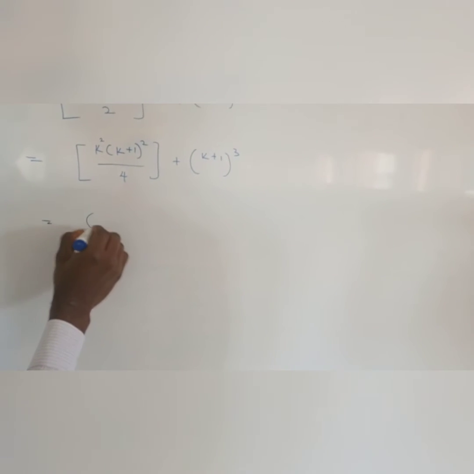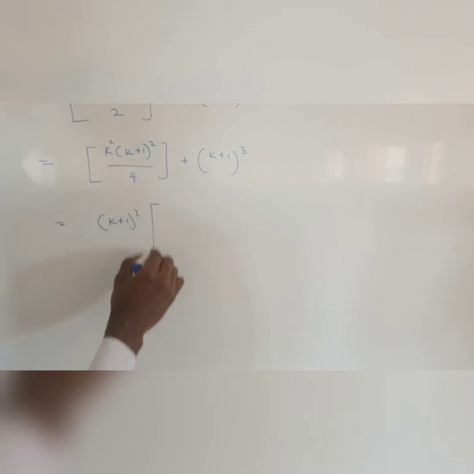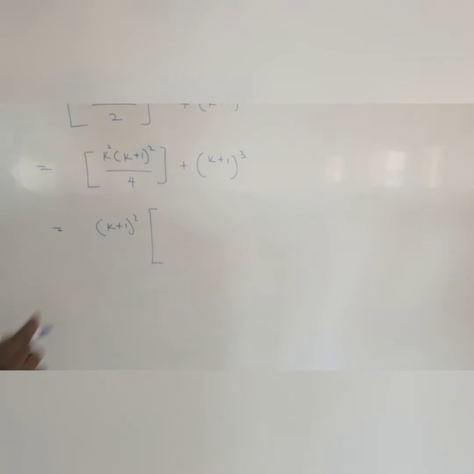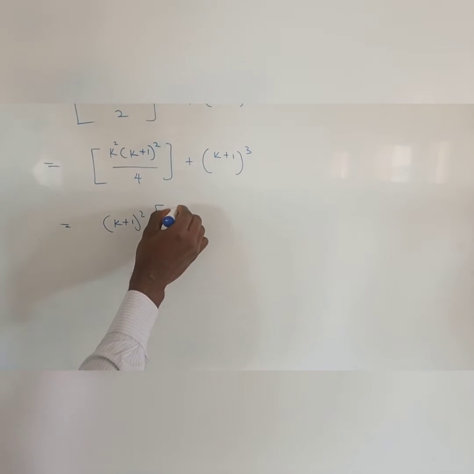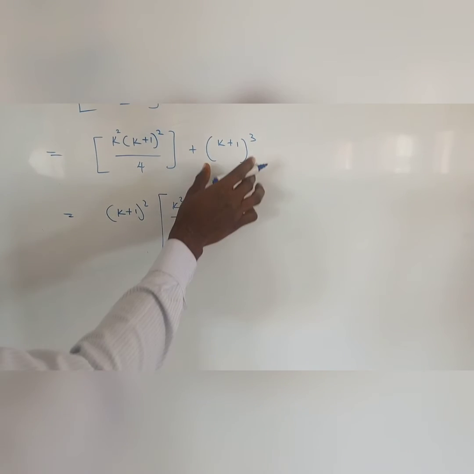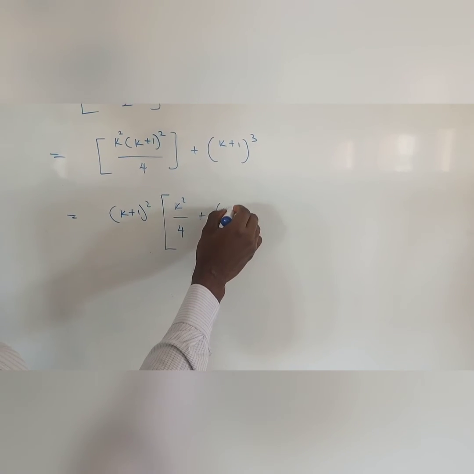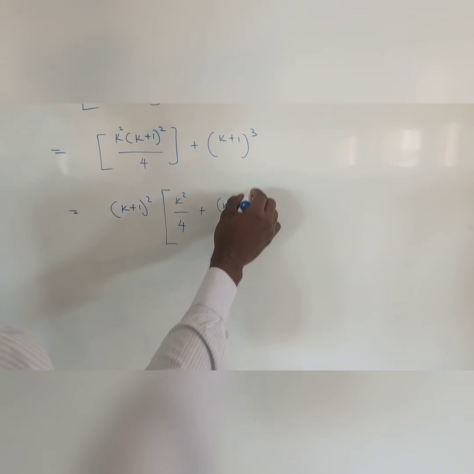Now factorizing, we have (k plus 1) squared. Now bringing out (k plus 1) squared from here, we'll have k squared over 4 plus, bringing out (k plus 1) squared from here, we're going to have what? k plus 1.